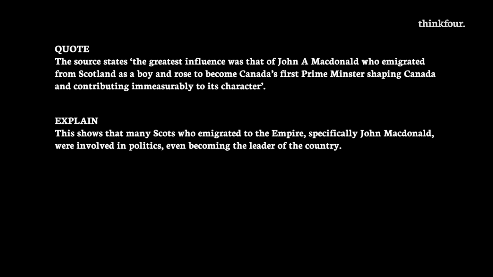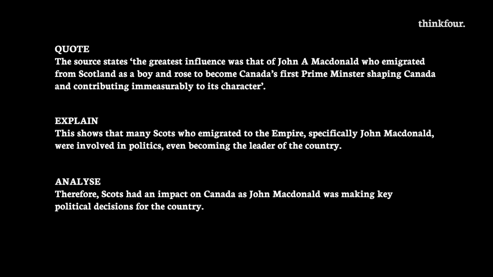This shows that many Scots who emigrated to the Empire, specifically John Macdonald, were involved in politics, even becoming the leader of the country. Then analyse using the words of the question. Therefore, Scots had an impact on Canada as John Macdonald was making key political decisions for the country.